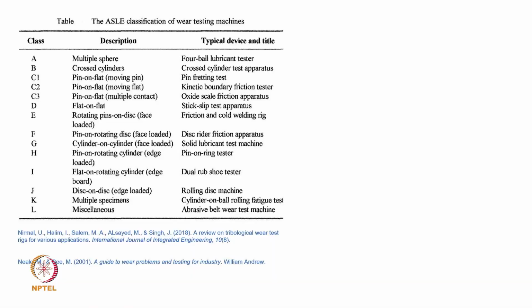Now, we know that there are many wear setups available, and there is one SLA publication which has described more than 200 wear testing machines. Again, I'm using the word wear testing machine, and if you see here, they also mention friction. That means they are measuring friction, but the title is wear testing machine.